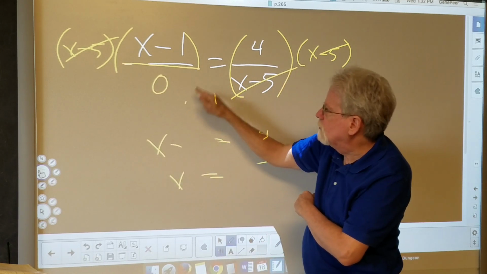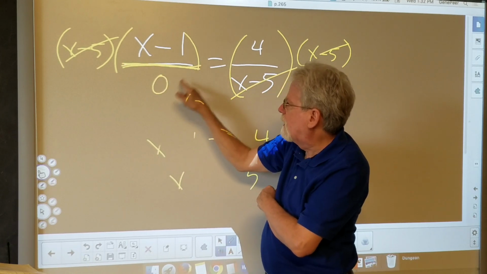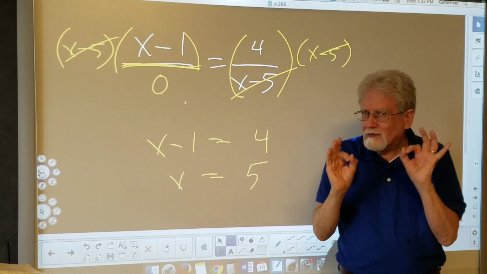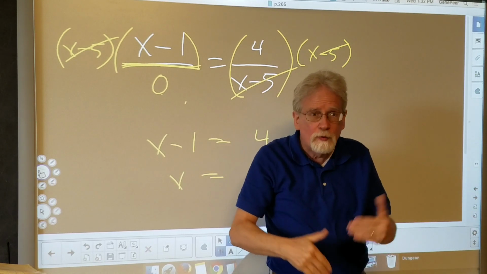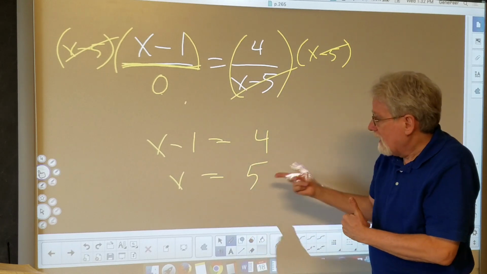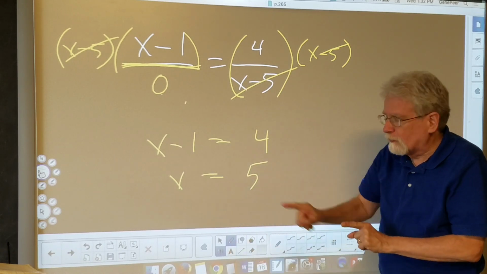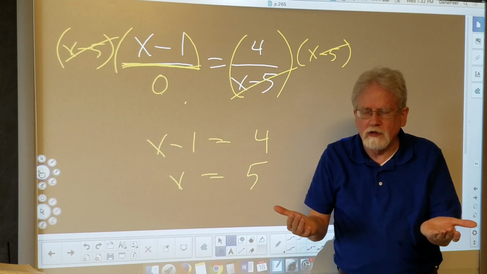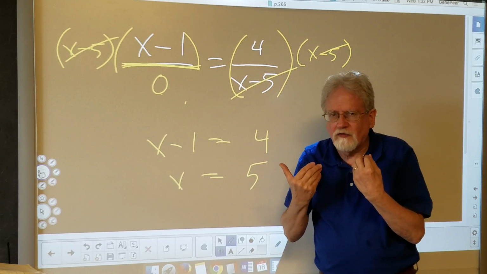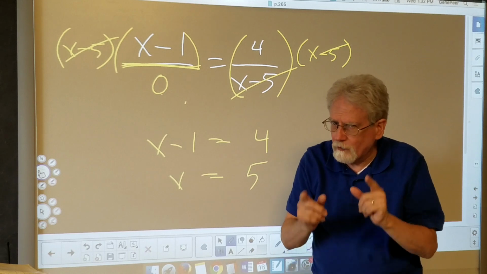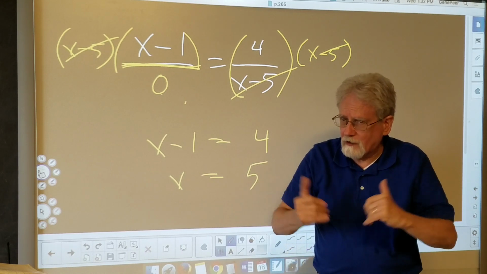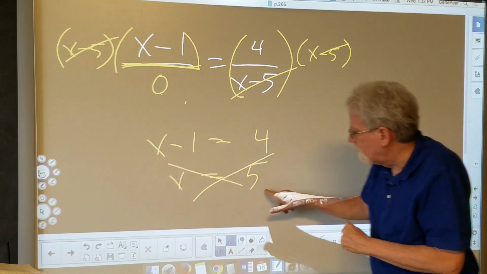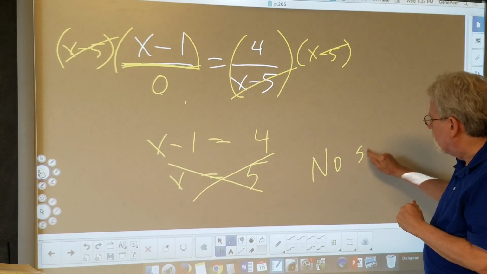Wait just a moment. You can never ever divide by 0. So x equals 5 looked like your correct answer, but it's actually illegal. X equals 5 is an erroneous solution. Erroneous, meaning it's an error. Not an error you made, but it's an error nonetheless. It is an erroneous solution, so the solution to this one is there is no solution.